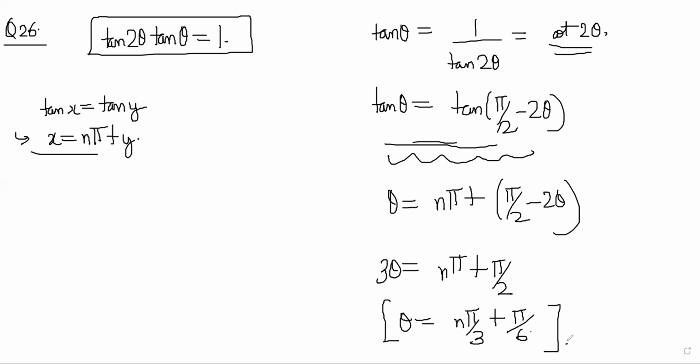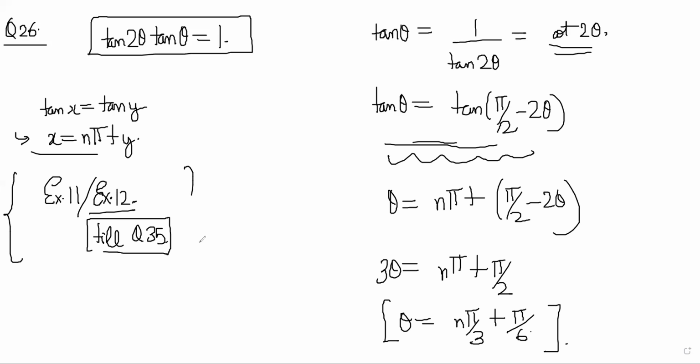I want you to attempt all of the questions in exercises 11 and 12 as much as you can, and especially exercise 12 till question number 35. If you can solve questions 1 to 35 of exercise 12, then you have understood the chapter. You can check the answers at the back of the book, but this should be sufficient.